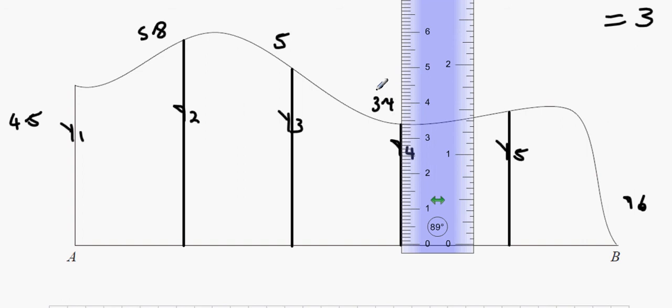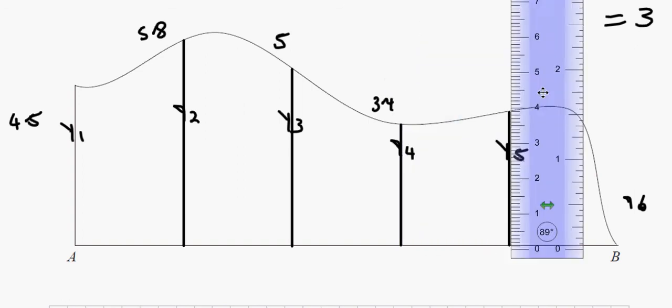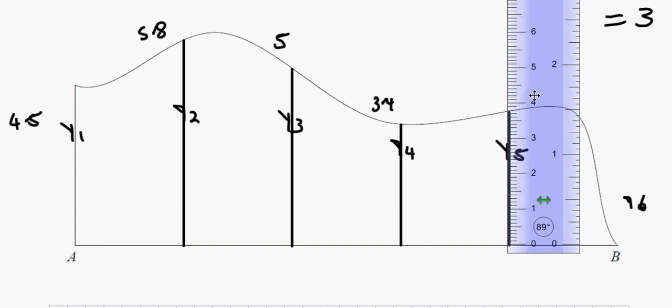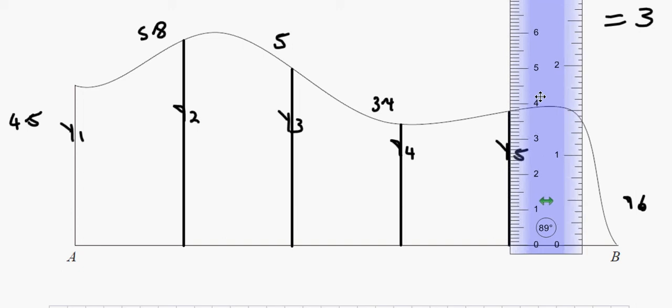And then Y5 is going to be 3.8. So 3.8 for Y5. And then Y6 finally.